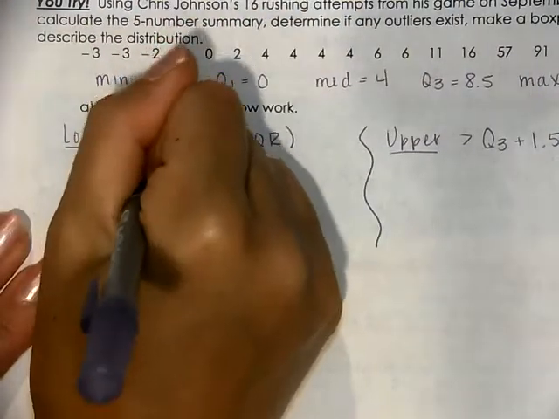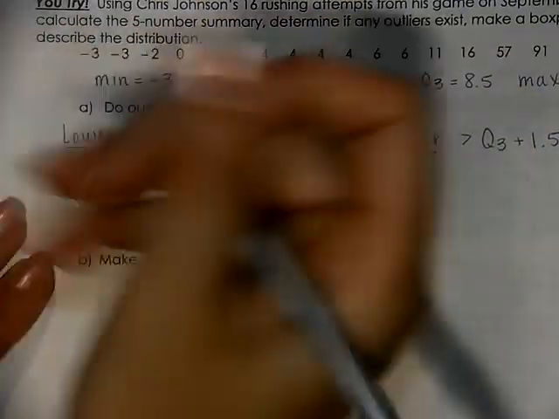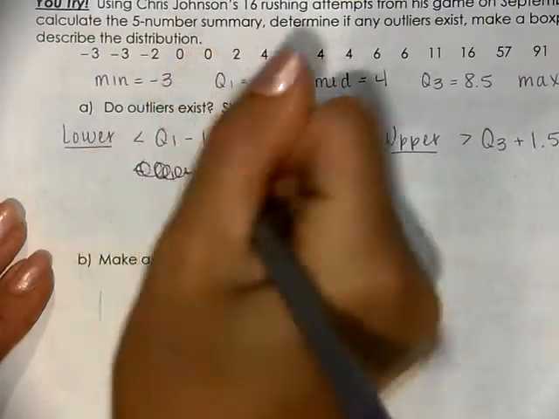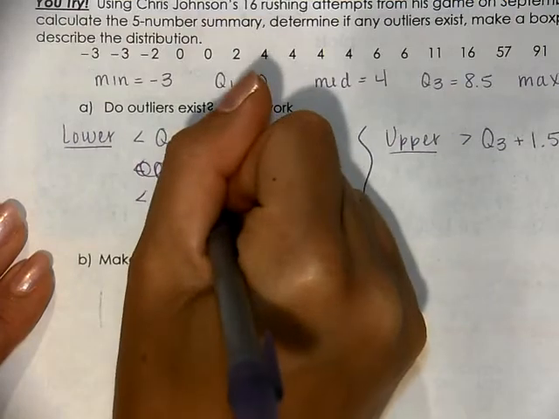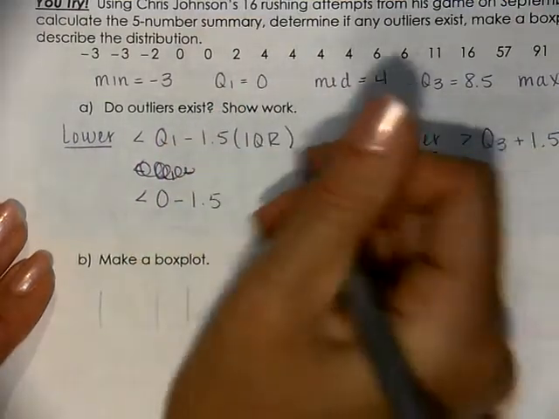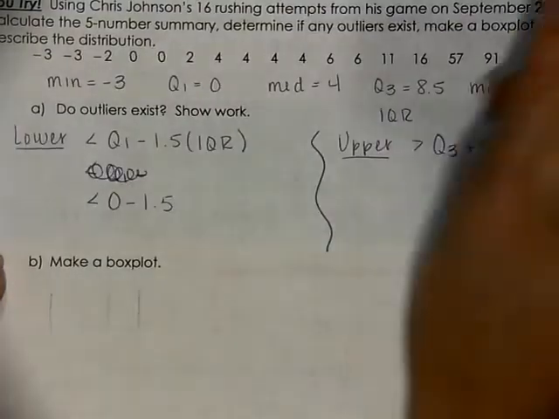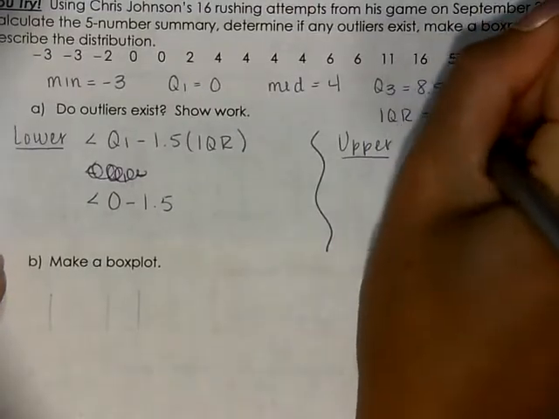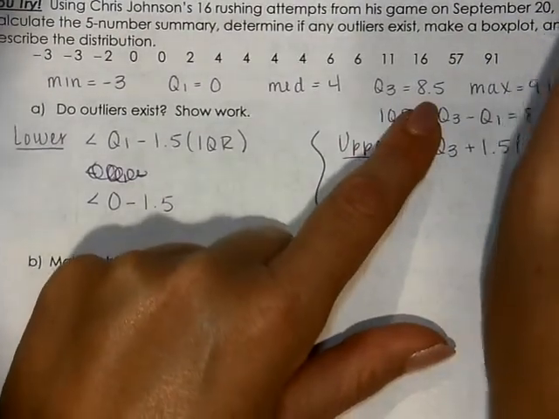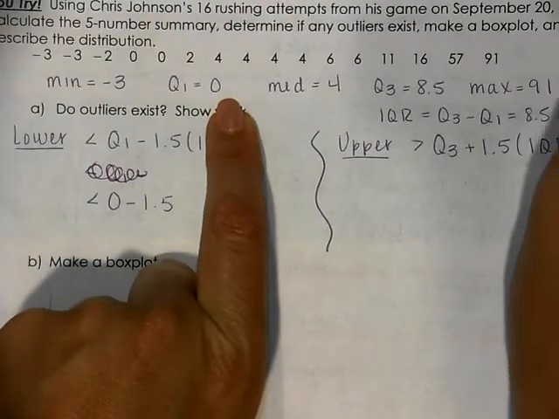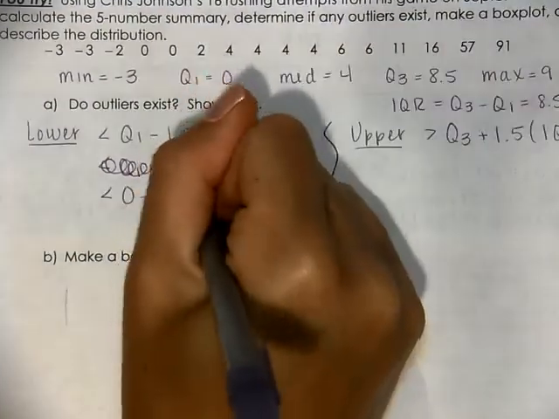My Q1, whoops, I'm sorry. My Q1 was 0 minus 1.5 times, now what's my IQR? Remember, IQR is Q3 minus Q1. So what's Q3? 8.5 minus Q1 is 0, so my IQR is 8.5.